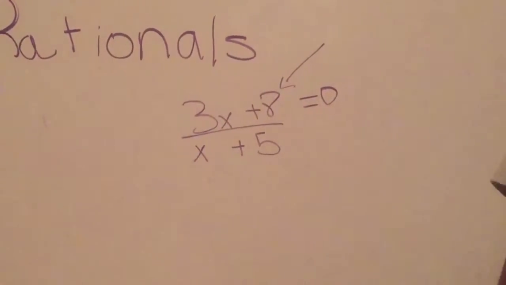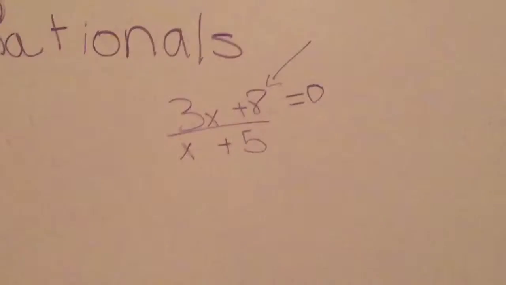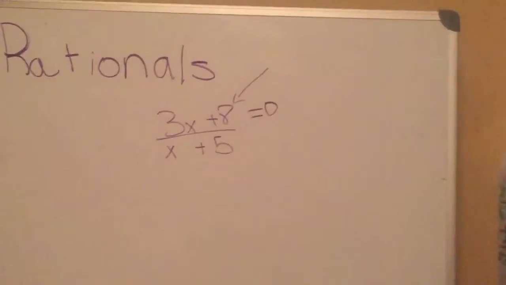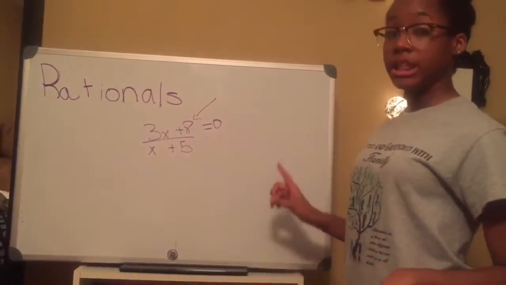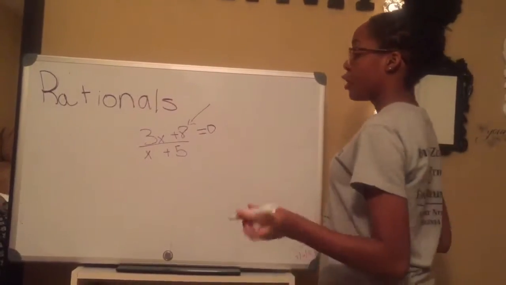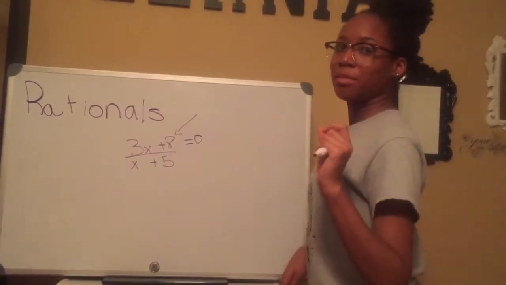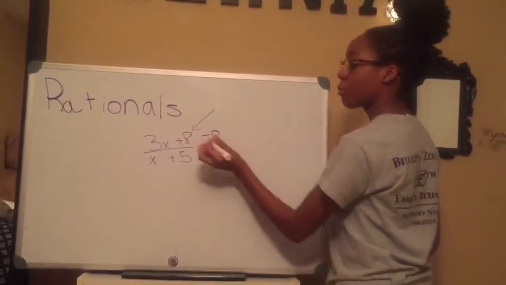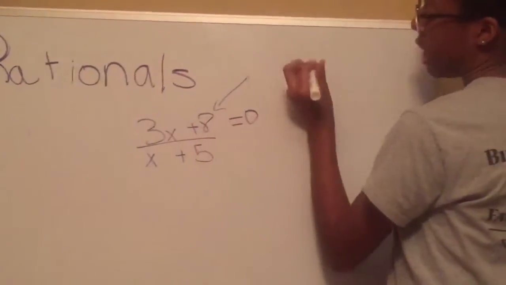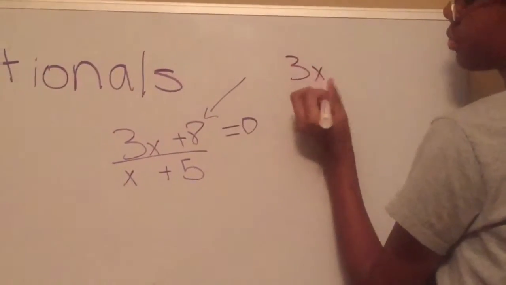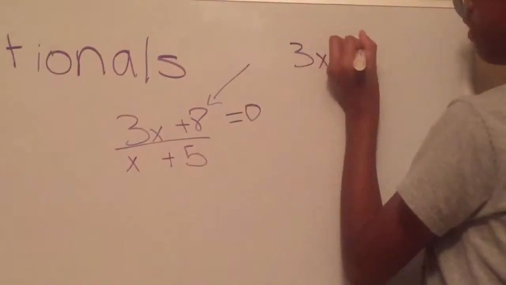So when setting it to 0, you're always going to want to take the number without the x or the variable and bring it to the other side. You want to stay away from x's, but stay with positive people and numbers. So you're going to bring this number over, and it will give you 3x equals negative 8.